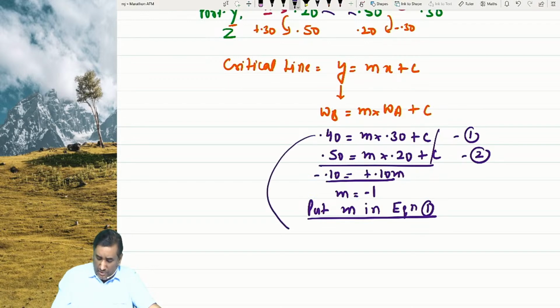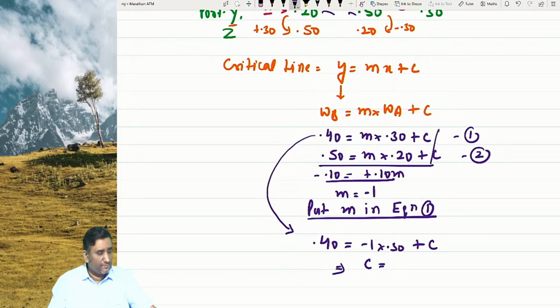So in this, if I put here, 0.40 is equal to M into minus 1 plus C. Minus 1 into 0.3, sorry. Minus 1 into 0.3 implies, can you find C? What C comes out? Positive, negative?